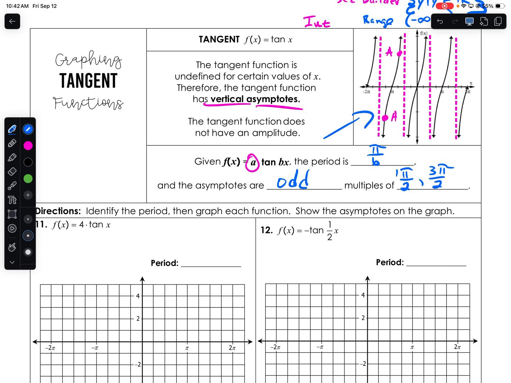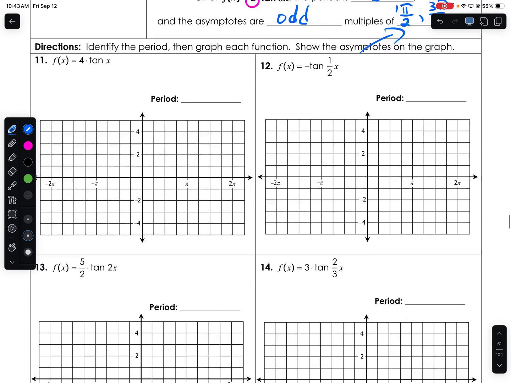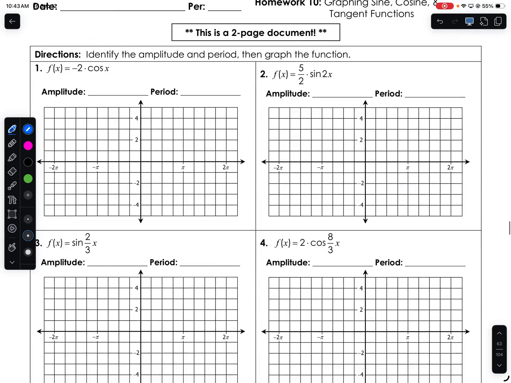So when we do that interval thing and we figure out what the period is, we divide it by 4. The asymptotes are on every other one. So we're going to graph a little on the negative, a little on the positive. So I just remember this whole concept: I do every other one on the interval as my dotted lines. Okay? So we're going to come down here.